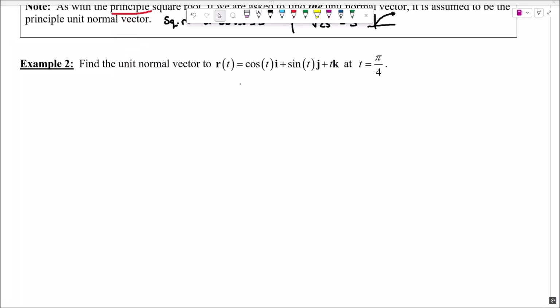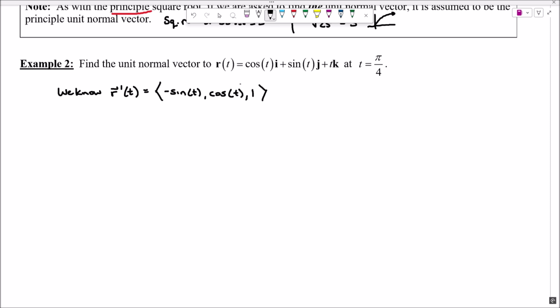Let's see how this would fully play out down here in this example. I'm going to attempt to find my r prime of t again. I'll just restate it here. We saw that it was the negative sine of t, the cosine of t, and then 1.